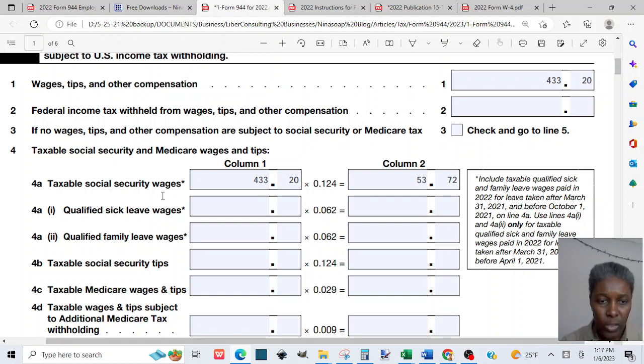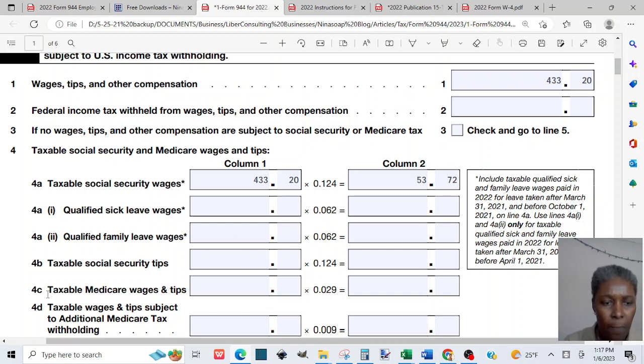So wages, sick leaves, tips. For line 1, we have the total of them, but for the Social Security, they break them down. So make sure you know what type of wages should go on which row.